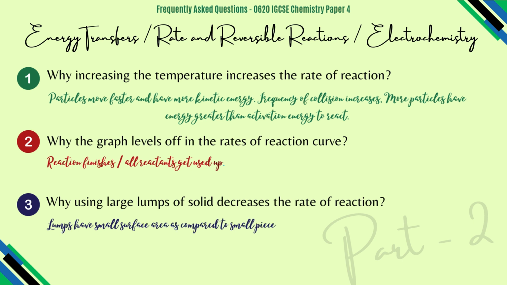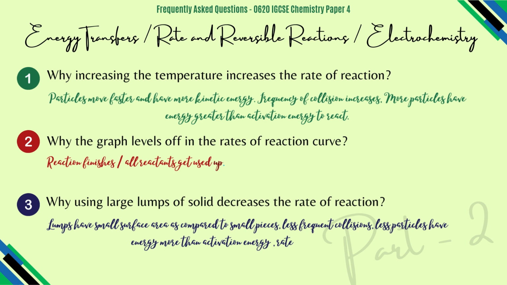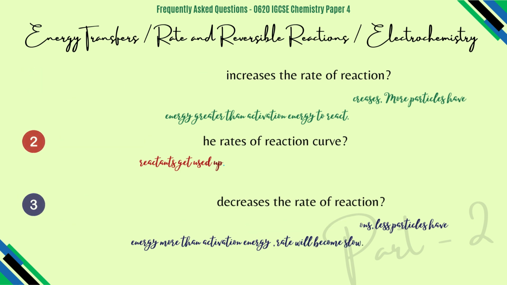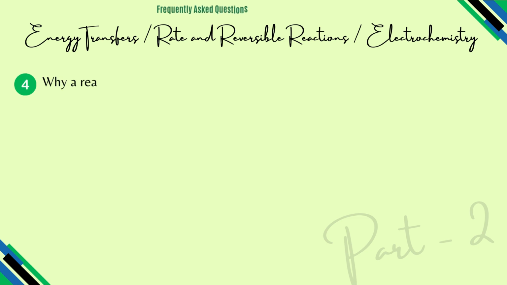This is because large lumps have small surface area, and when we have small surface area, less number of particles are exposed for the reaction. So less frequent collisions, less particles have energy greater than activation energy, and hence the rate will be slow.